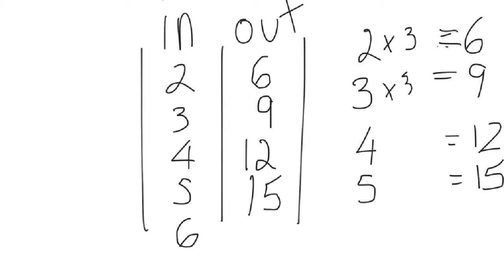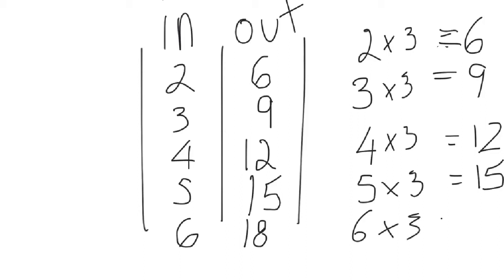What does 3 times 3 equal? 9. So that one works. 4 times 3, it does equal 12. And 5 times 3 does equal 15. I think we have a pattern here. So if I do 6 times 3, what do I get? Yeah, 6 times 3 equals 18. So that is my pattern.